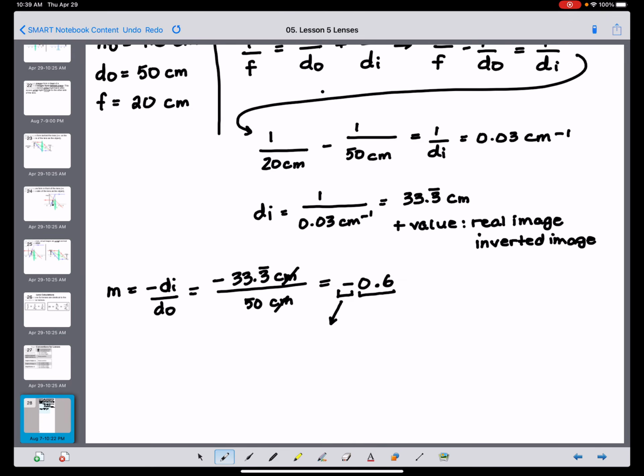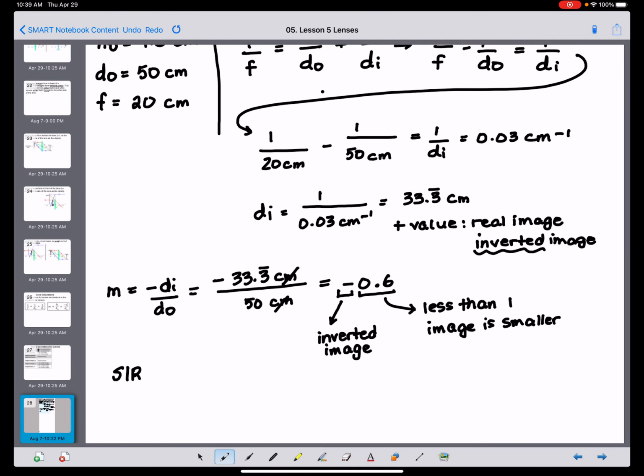So negative magnification tells us that we have an inverted image, which is good because we already figured out over here that we have an inverted image, and those two things need to match. If they don't, you've done something wrong. And because the number part of the magnification is less than 1, that means that the image is smaller than the original object. So this would be the smaller, inverted, and real case.